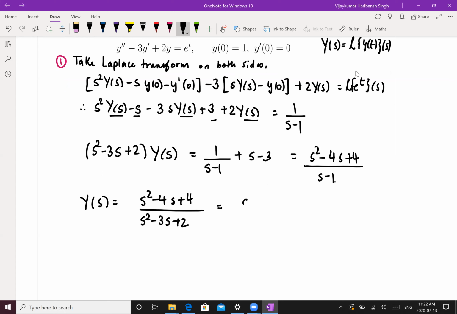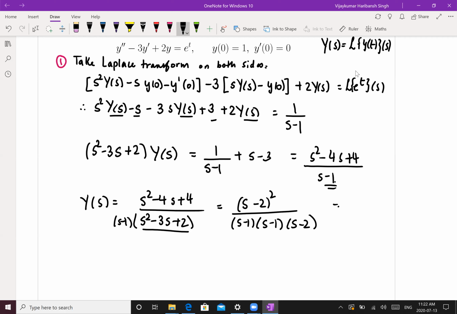Let's simplify this. So this is going to be (s minus 2) squared divided by, so we already have s minus 1 in the bottom here. Let's not forget that guy, s minus 1. Now when you factorize this, you will get another s minus 1, and then you get s minus 2.